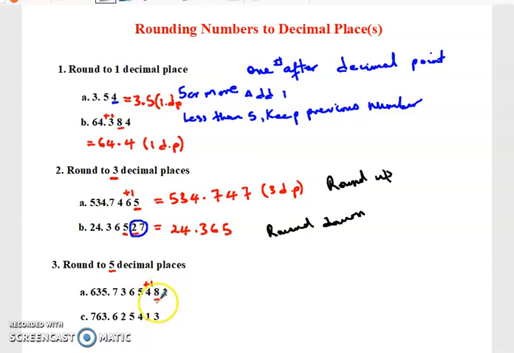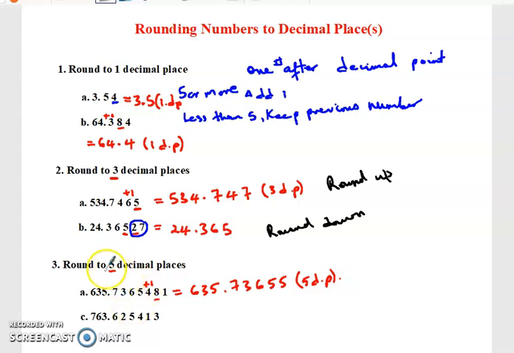And when you're rewriting everything, you're going to leave off this number. So we added 1 to the 4 because the 8 is more than 5. So this is equal to 635.73655. And this is to 5 decimal places.